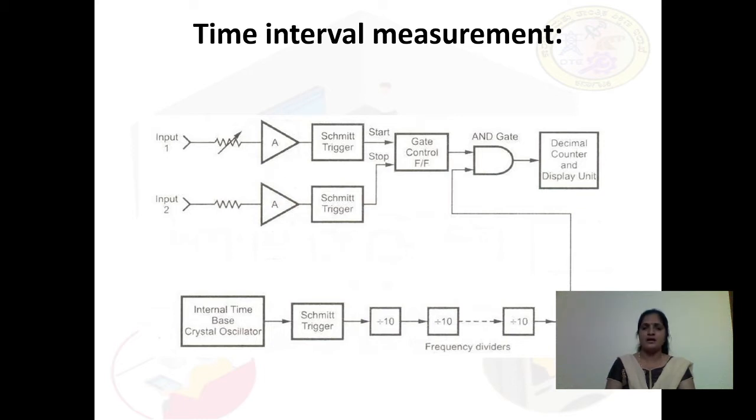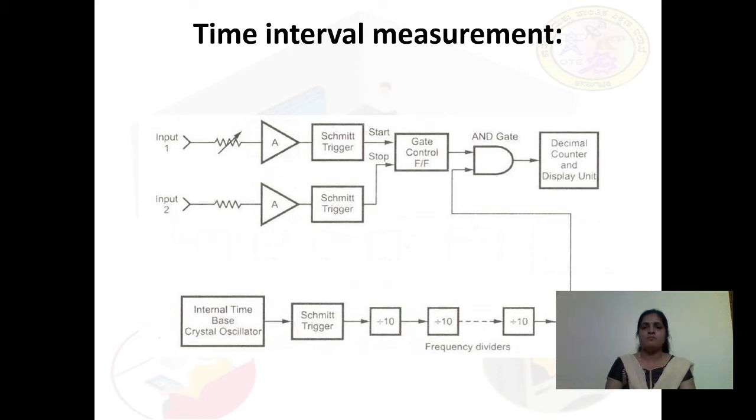Between the AND gate and the Schmitt trigger, once again we are using a gate control flip-flop, the same topic we discussed in the previous session while explaining the digital measurement of frequency, that is, while discussing the digital frequency meter.